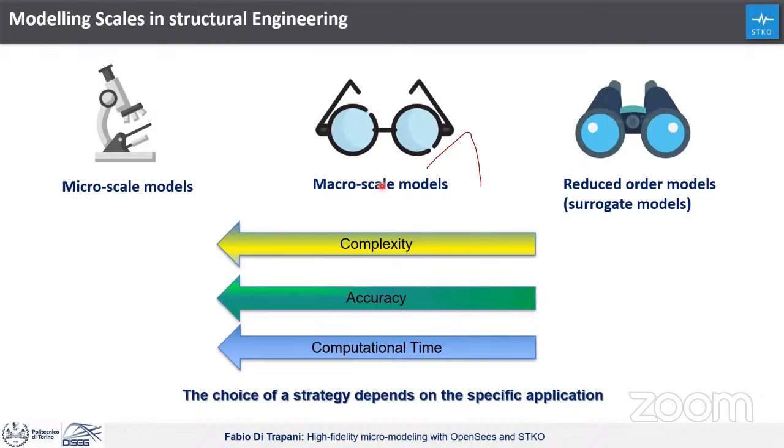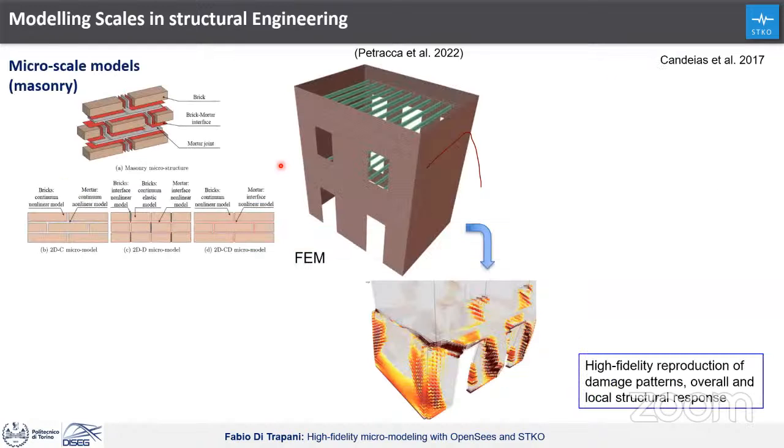I want to give some examples. For example, by considering masonry structures, the use of microscale models, I'm taking some very nice pictures from papers from Massimo that all of us know, based on modeling the mortar interface layers by continuum elements or by interfaces.